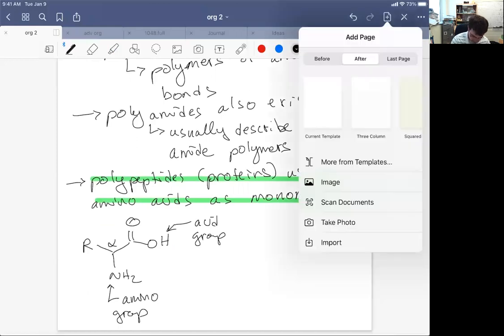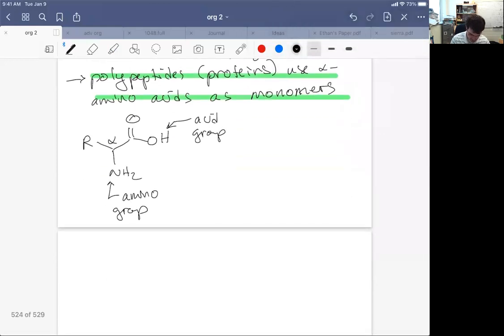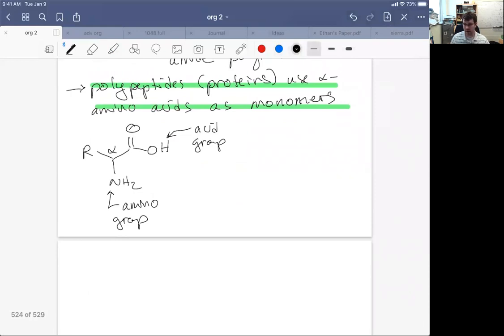Okay, we have our amino group and our acid group, and we have this R group. Now the R group varies depending on the amino acid that we're looking at.